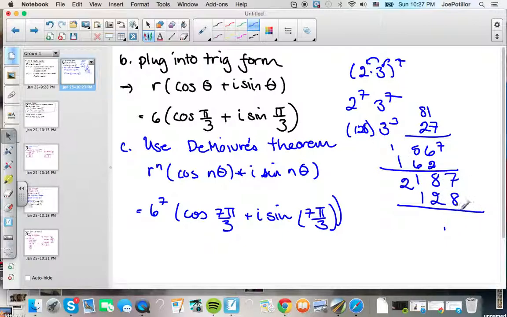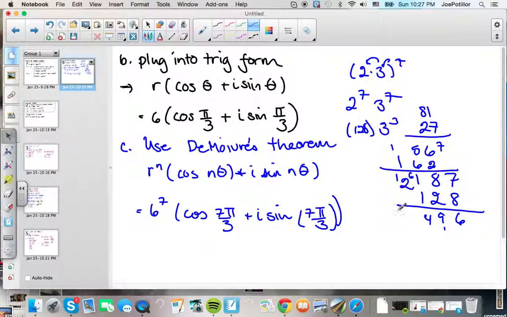There's faster ways to do this, but I'm tired. 8 times 8 is 64, 64 plus 5 is 69. Carry the 6, 8 times 1 is 8, 8 plus 6 is 14.